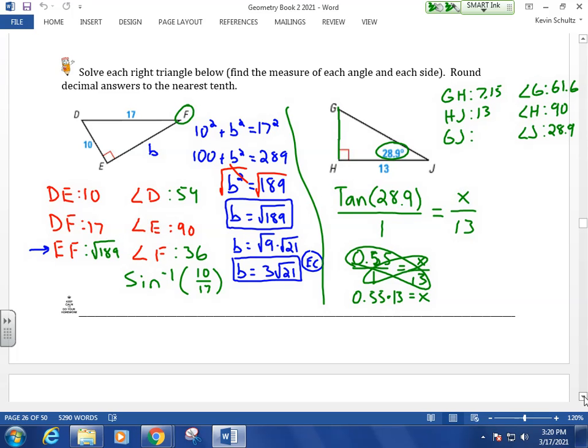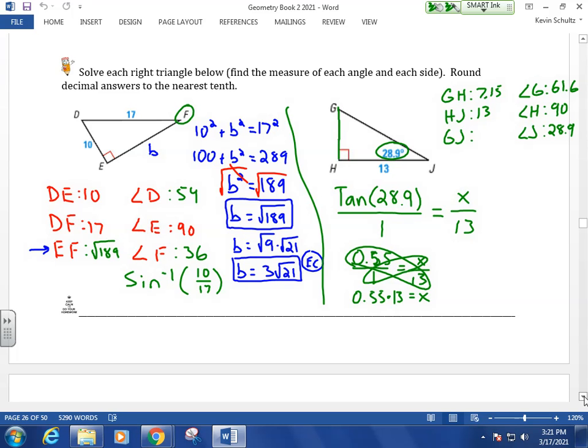Okay, and now we've got some options here, don't we? We could use sine, cosine, tangent a second time to find GJ, or since we have 2 sides of our right triangle, we can now jump to the Pythagorean Theorem. In the spirit of sticking with the theme of 42 and 43, let's again use sine, cosine, tangent.